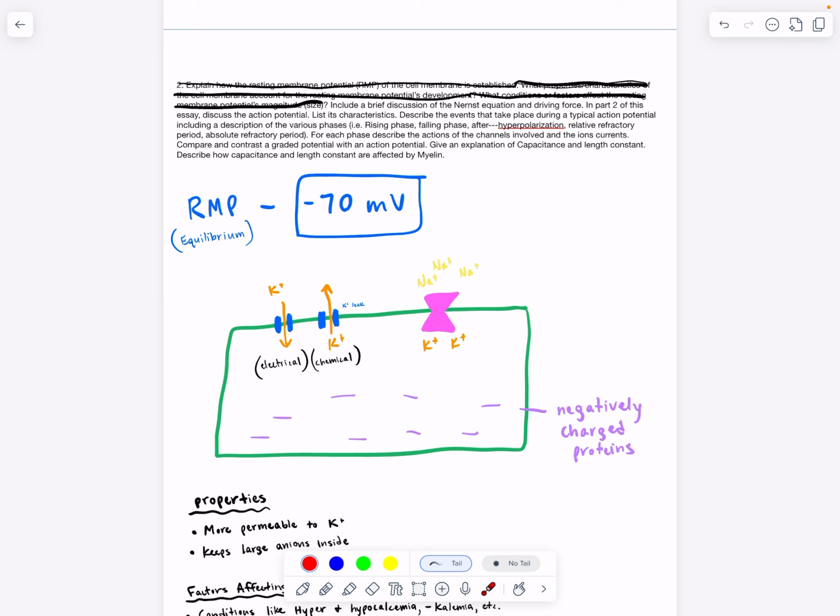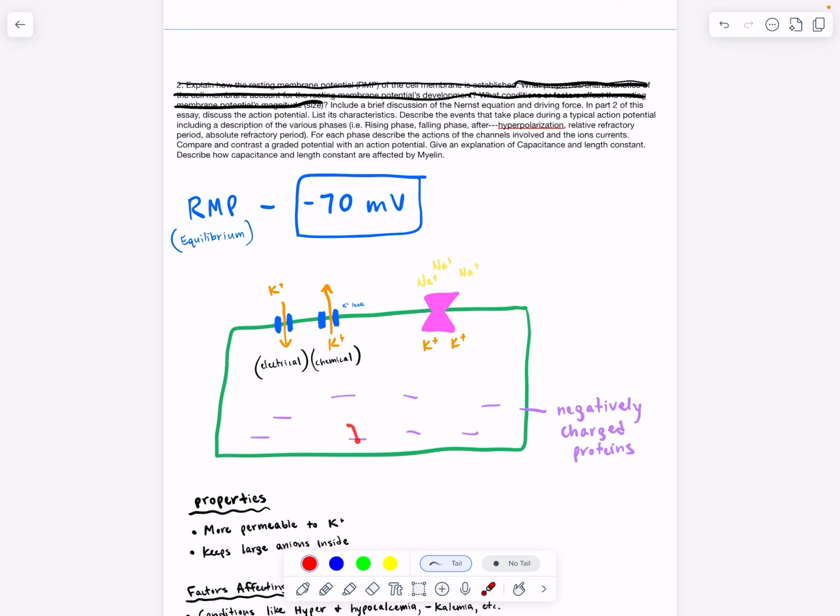So, for example, hyperkalemia is basically a bunch of potassium here on the outside. So it's extra potassium on the outside, hyperkalemia. And basically what that does is it makes potassium less likely to leave the cell, because if there's a bunch of positive charges out here, then the chemical gradient says, well, no, I don't really want to go out of the cell because there's all these positive charges.